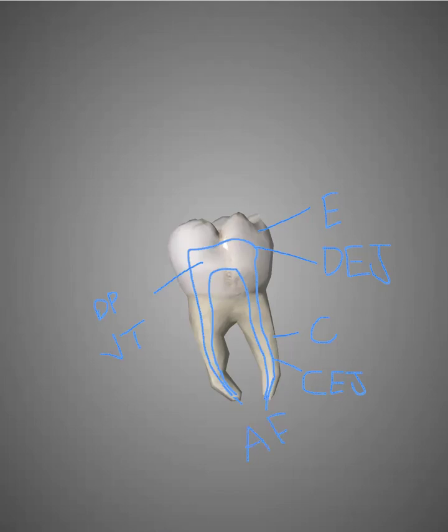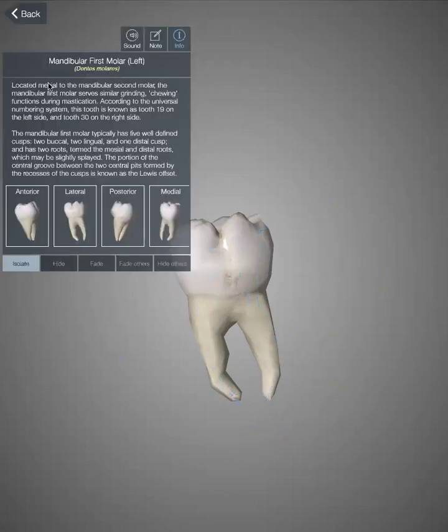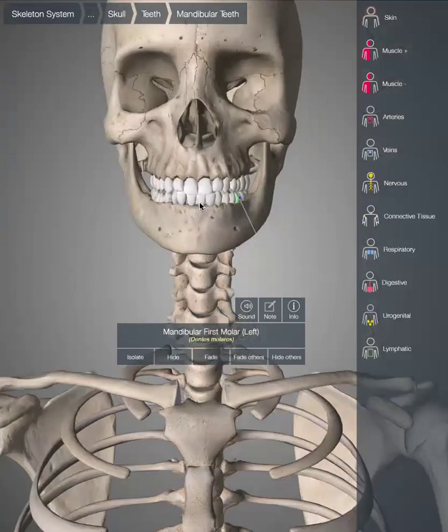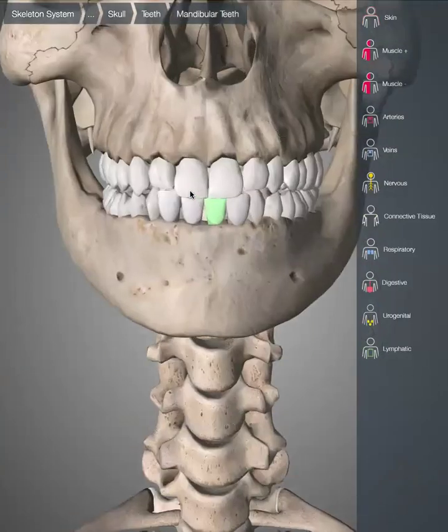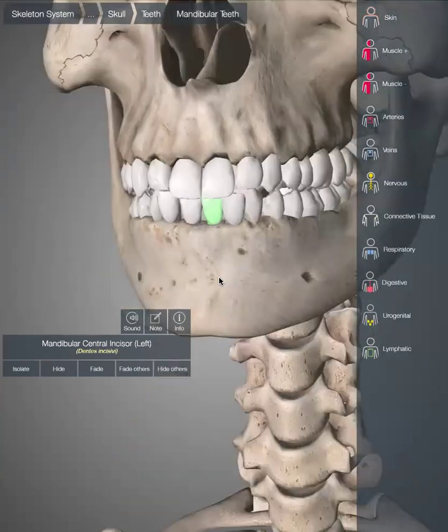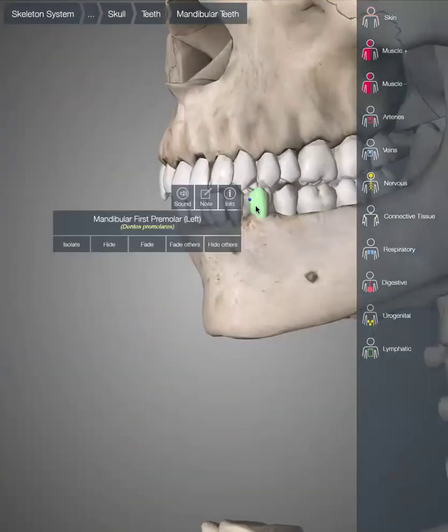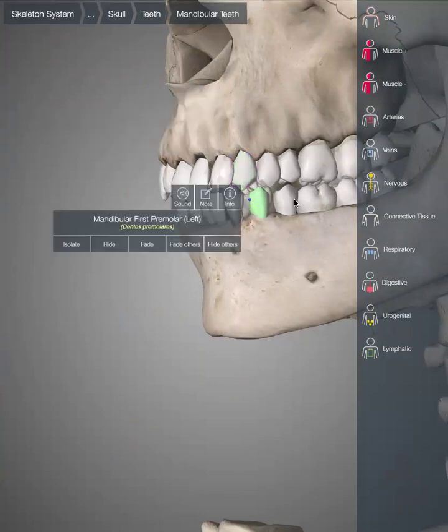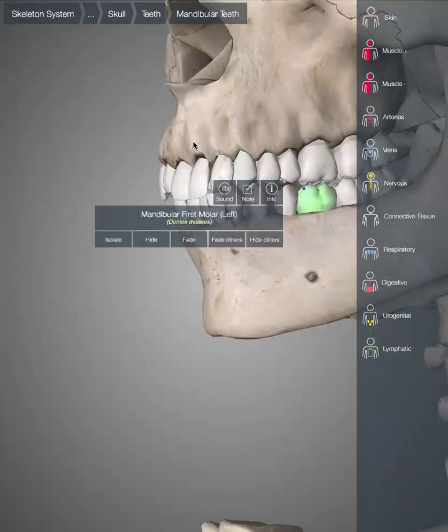Now, finally, you just need to be able to identify the teeth. Incisors help you cut food. Canines help you tear the food. Premolars and molars help you grind. And that's it. This is point number 24.